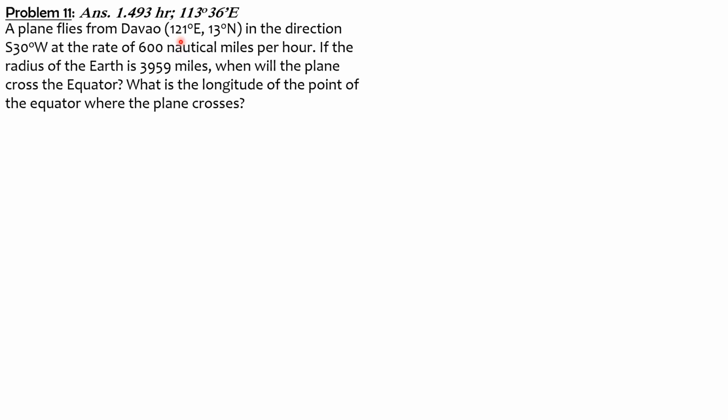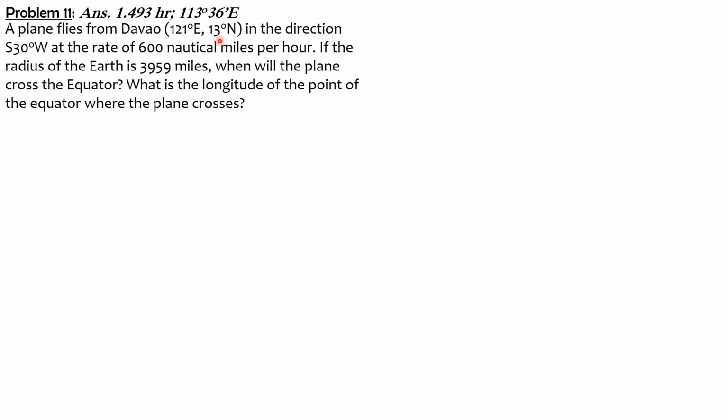The longitude, which is either east or west with a maximum value of 180 degrees, is the angular distance of the meridian. The meridian is a great circle through the north and south poles of the terrestrial sphere. So 121 degrees east, it is east of the prime meridian. The prime meridian is a great circle passing through Greenwich, England.